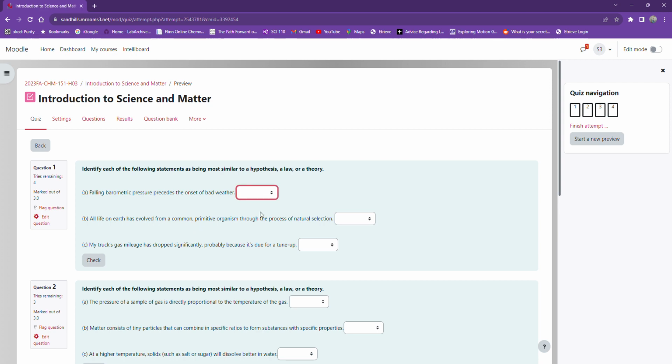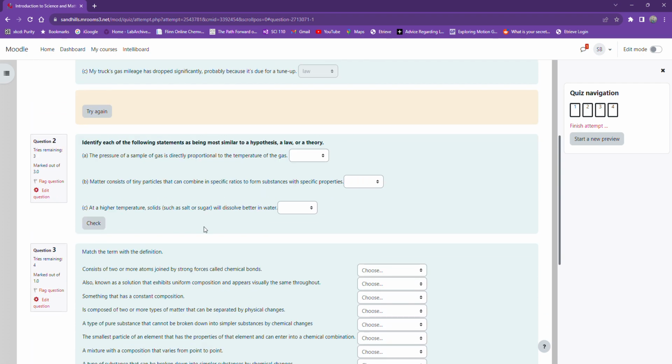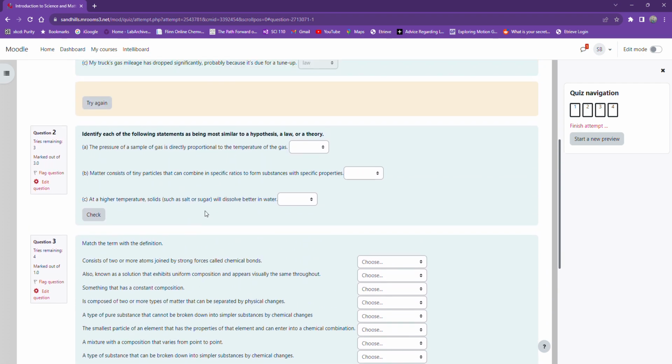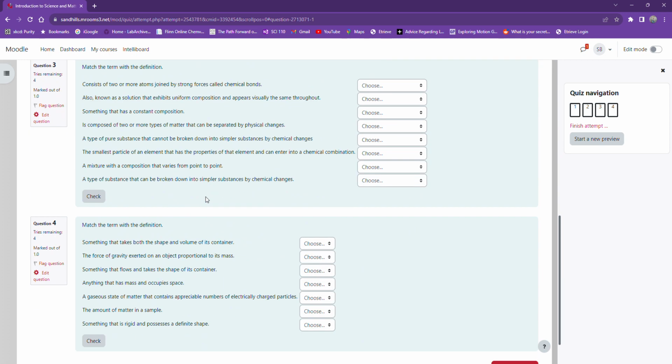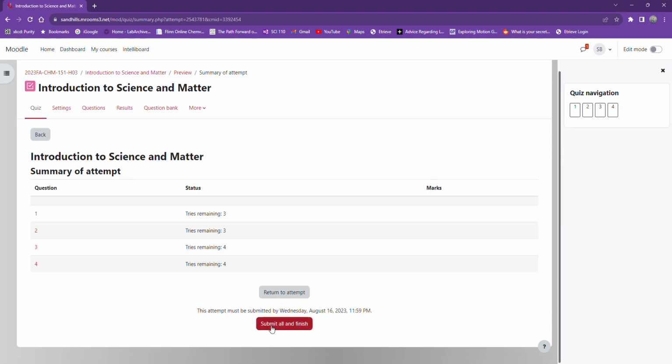So you will answer a question and click check, and then the question will tell you whether or not you got the correct answers. You get 3 attempts at every question, but be careful. You don't want to just go through and guess and check, because you incur a little penalty for using more than one attempt on each question.